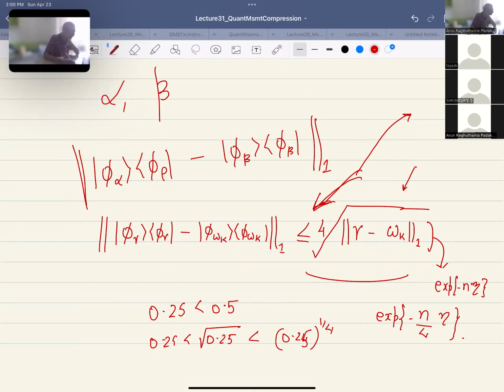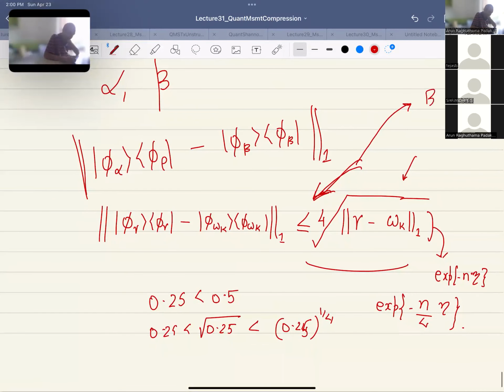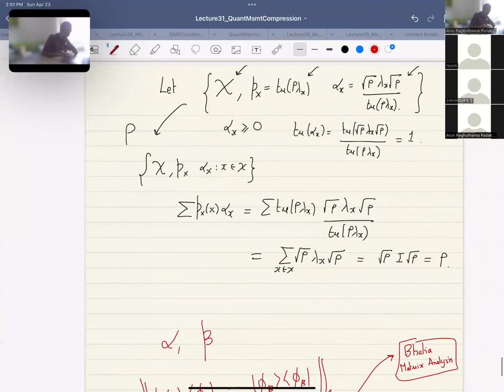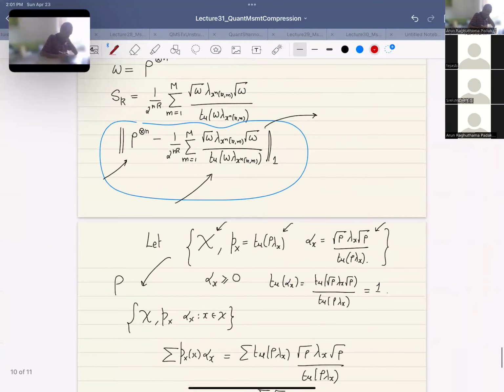There's a very good book by Bhatia called Matrix Analysis, almost a must for quantum information theorists, and that inequality was in that book.